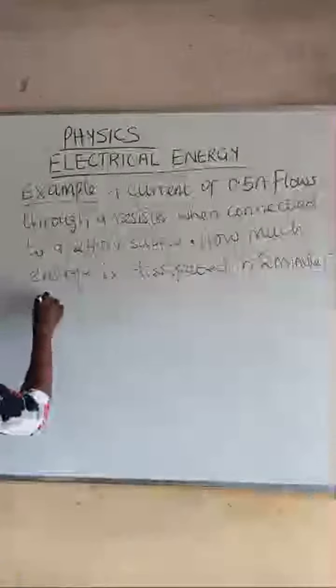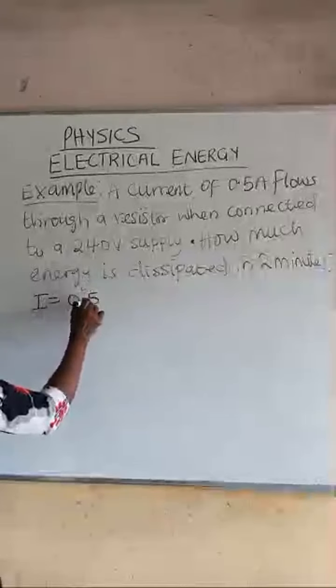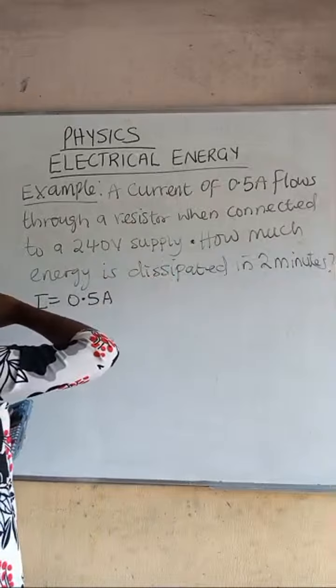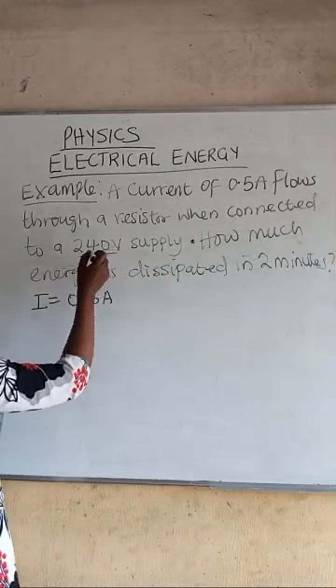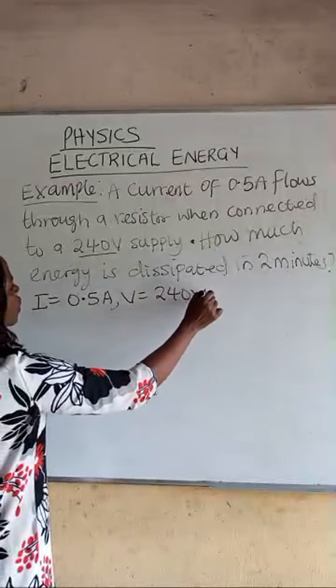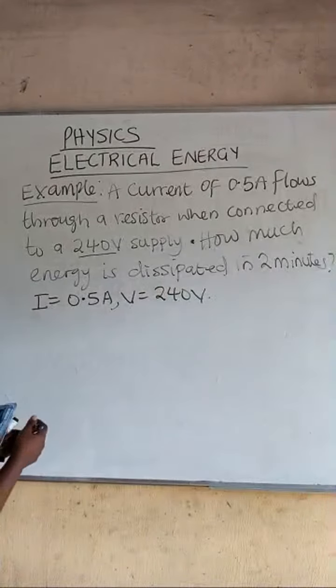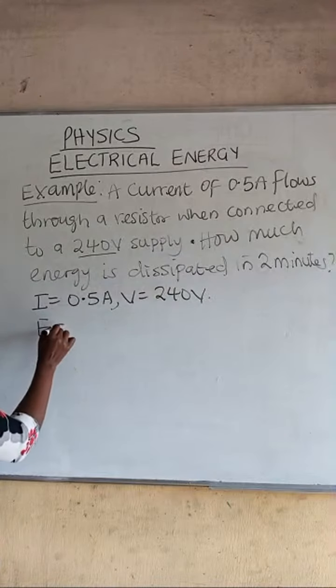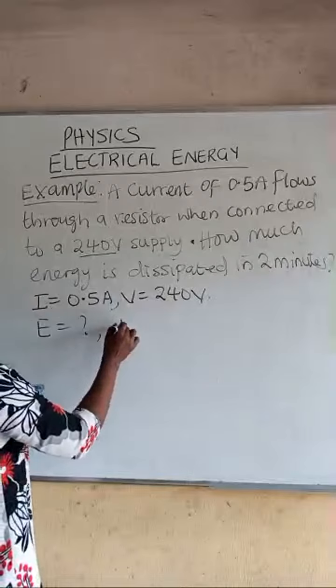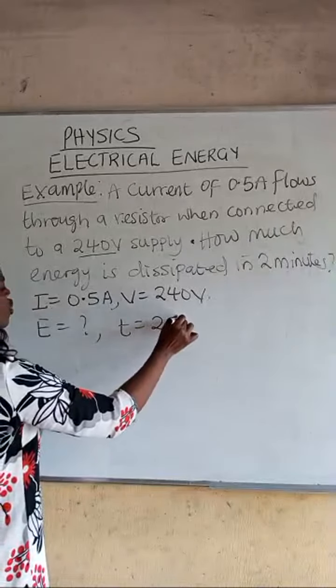We have current given as 0.5 amperes. Then when connected to 240 volts, the potential difference is 240 volts. How much energy? You're looking for E. Dissipated in 2 minutes, so time is 2 minutes.